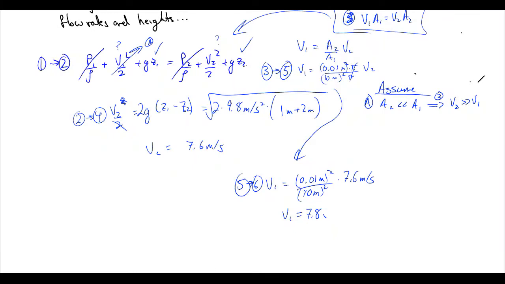So the surface of our pool is falling at a rate of 7.8 microns per second. So after about 12 to 15 seconds, it's going to fall the width of your hair, roughly.